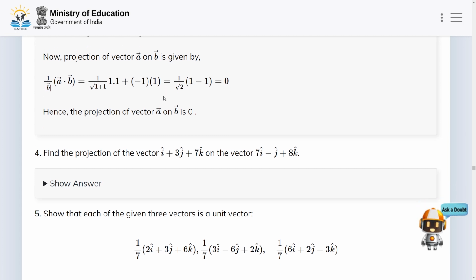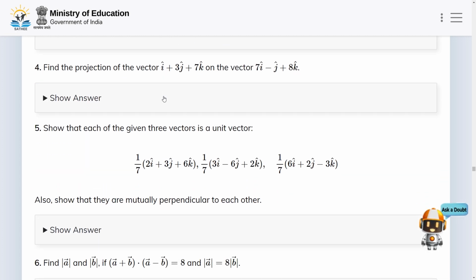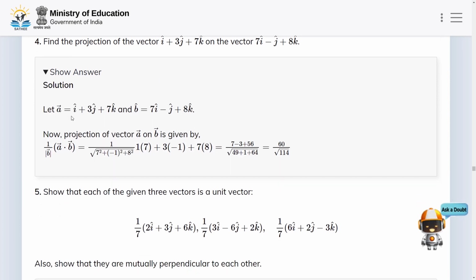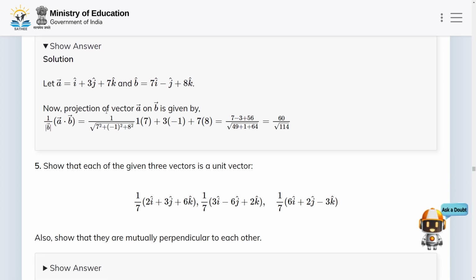Now the fourth problem. The fourth problem says, find the projection of this vector on the other vector. The same approach we will be applying: first of all find the dot product. Dot product will be 1 multiply 7 plus 3 multiply minus 1 plus 7 multiply 8. As you can see, the numerator will be 60. Denominator will be the magnitude of this second vector b, which means √114.